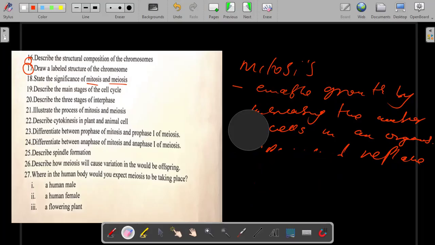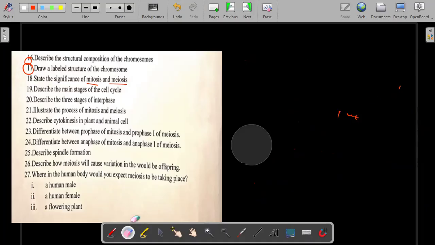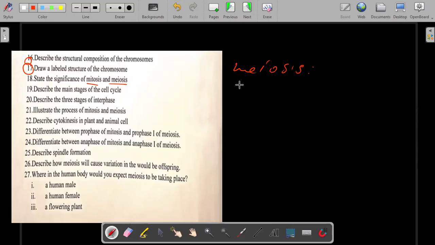Okay, let's go to meiosis. What's the importance of meiosis? If we talk about the significance of meiosis, you know that this is where gametes are going to be produced. So production of gametes, which are sex cells.